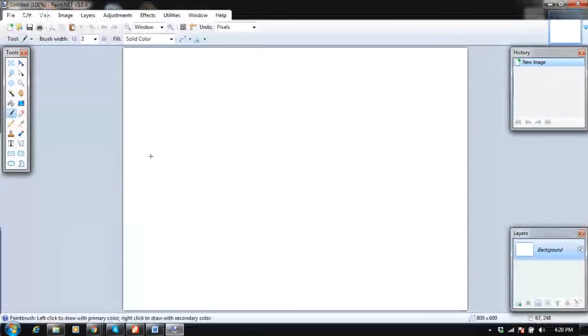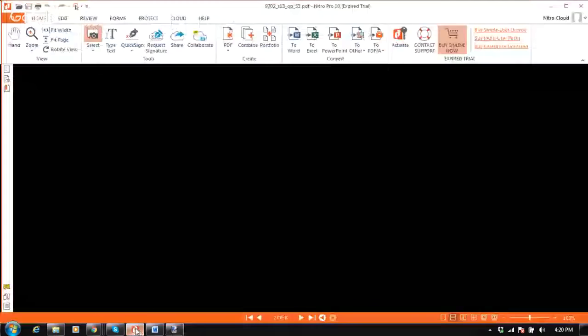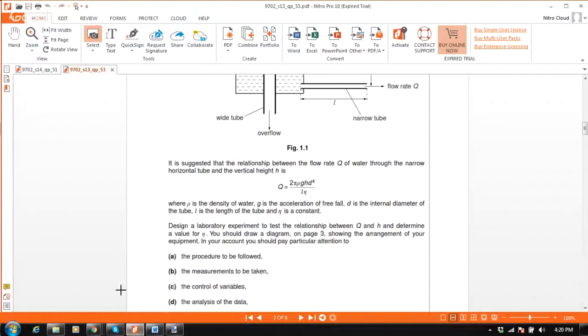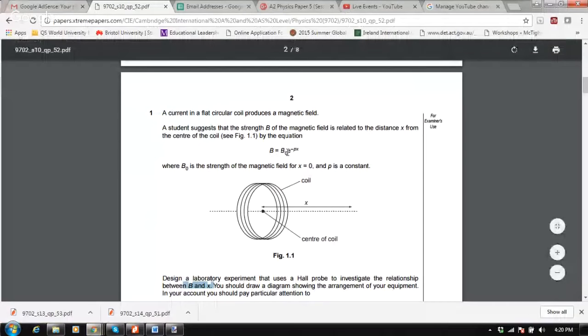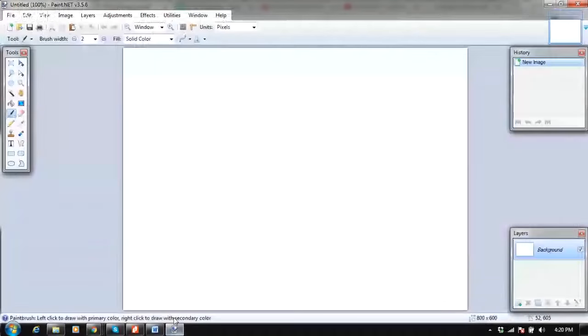Okay, so my rough work will be that first I look at the equation. Here's the equation. B is equal to B naught. Let me write this equation here.